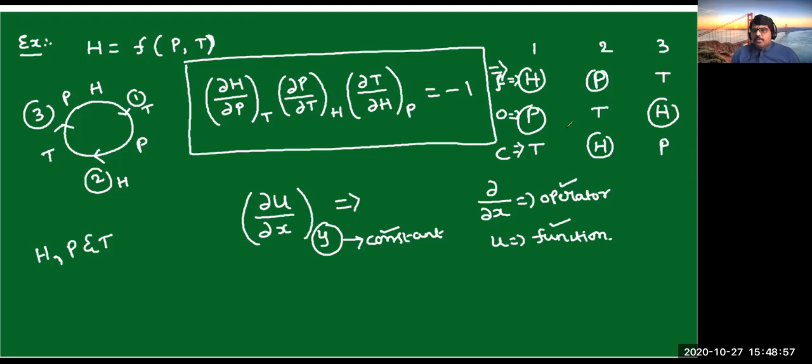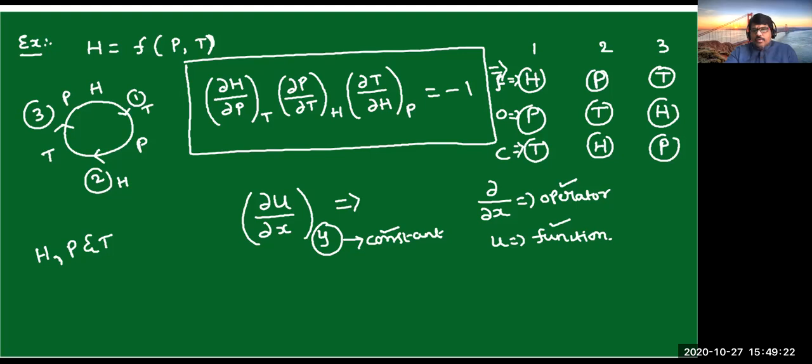And temperature, here it is acting as constant, here it is operator, and here it is a function. So this is the hint generally we follow to identify whether the given equation is correctly according to cyclic rule or not.